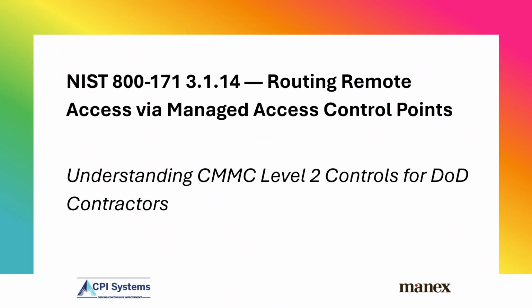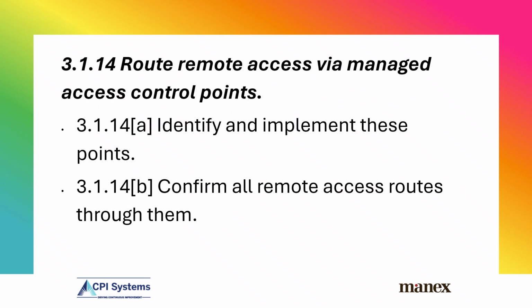Welcome again. Let's explain requirement 3.1.14, which covers how remote access to systems should be securely routed through managed access control points. This is one of a series of controls regarding remote access. Practice requirement 3.1.14: route remote access by way of managed access control points.